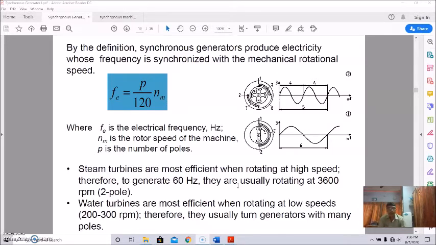For water turbines at 60 Hz, for salient pole generators, it will be 200 to 300 rpm, and for 50 Hz it will be around 150 to 250 rpm. So it is basically a low speed.